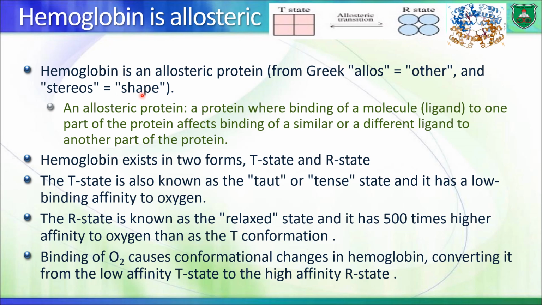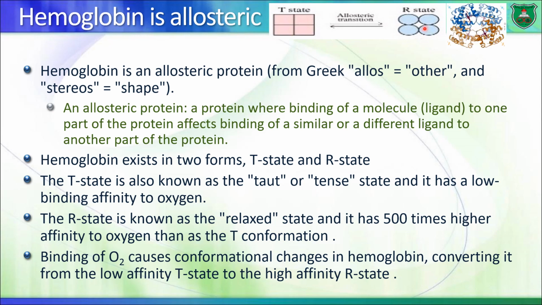So if I say that hemoglobin is an allosteric protein, it means that hemoglobin is a protein that has different structures. Now these two structures again are known as the T state and the R state. T stands for taut or tense or tight, and this is the state where hemoglobin has low affinity for oxygen.